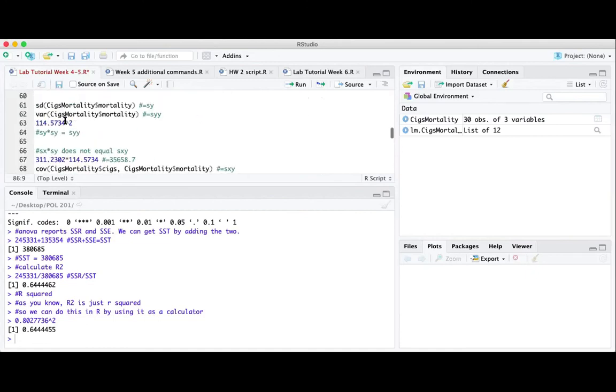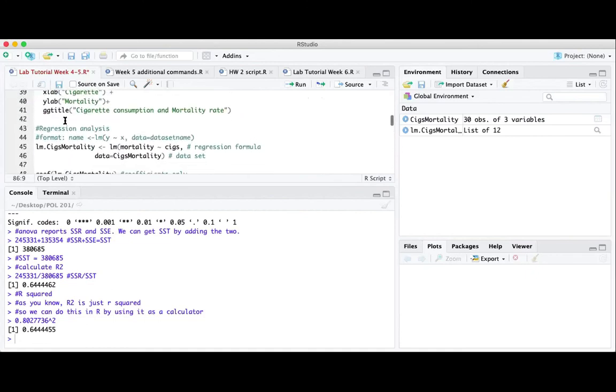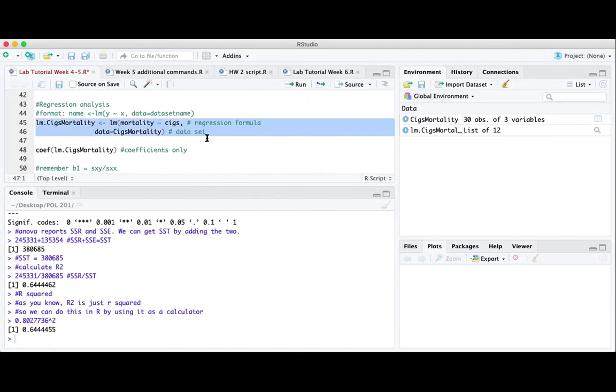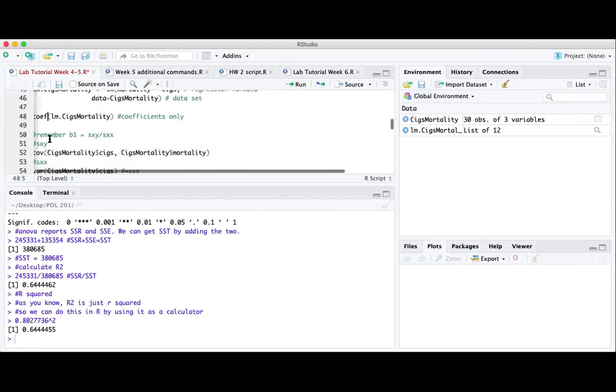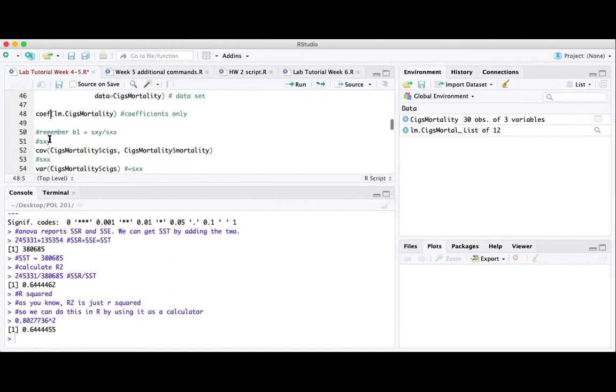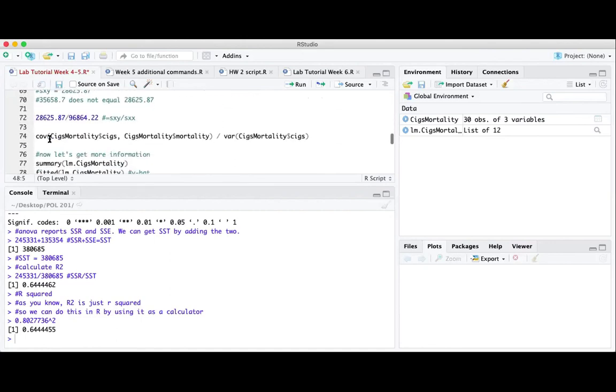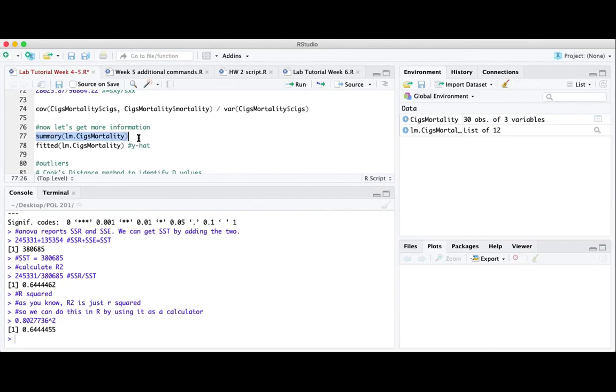Okay, so now one thing I want to do before our studio portion is over. Remember that last week, I showed you guys, okay, we do this, and then you can pull the coefficient information by using this command. And I also said that you can pull more information from this list by using different commands.